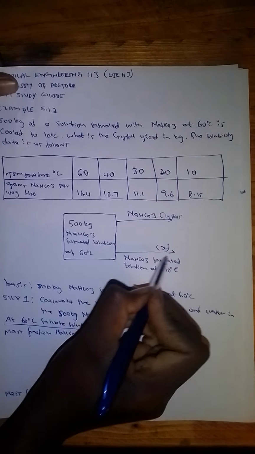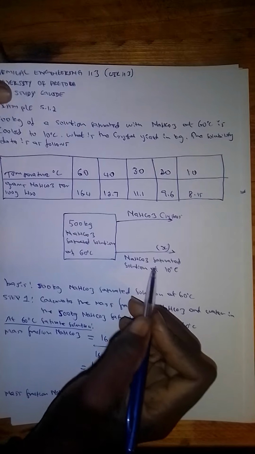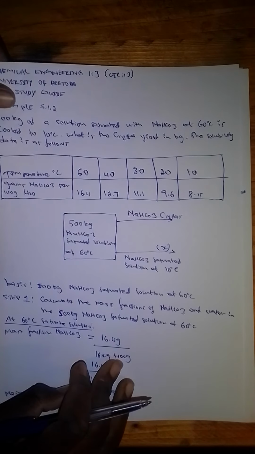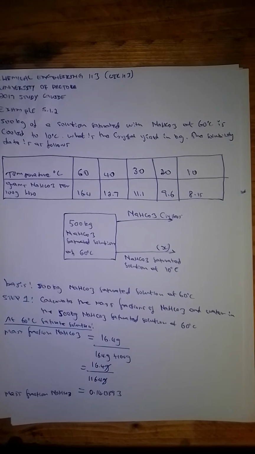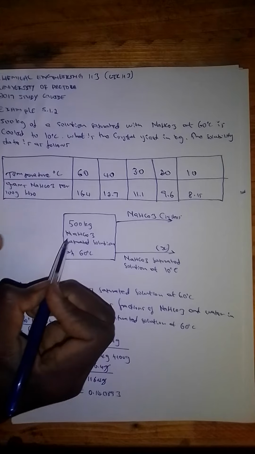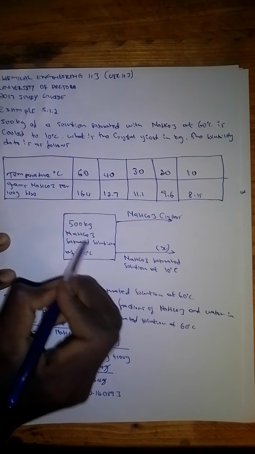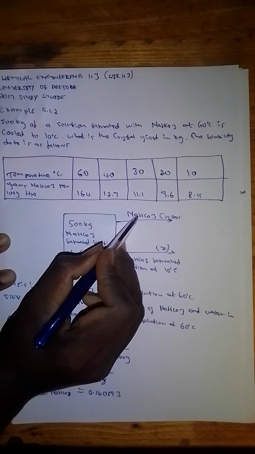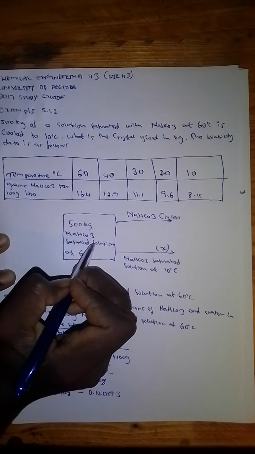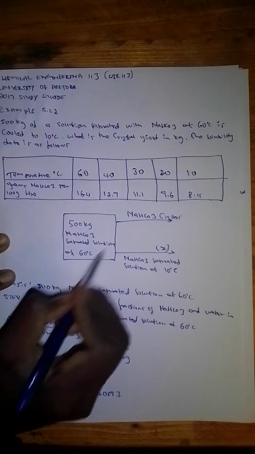Now that we know the mass fractions of both, and we denoted X, we need to calculate that. It's going to be much easier if we look at an important principle like we did in our previous example, 5.1.1. We have a tie compound here, which is water. Remember that all the water here comes from here, because in the crystals there's no water. Why? Because it's crystals. So we have water as a tie compound.